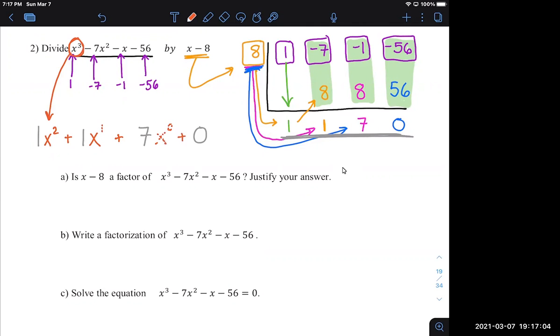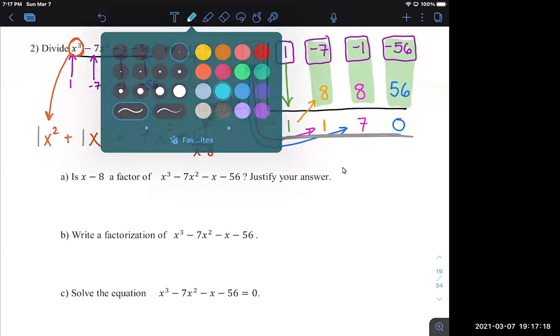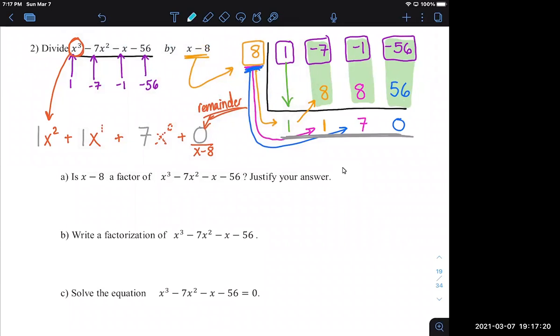And then we have our remainder, and again, we see that the remainder is 0. So normally we put this over x minus 8, but since it's 0, that means that there's nothing there and we don't need to include it. So our simplified answer is x squared plus x plus 7. So that's what we get when we divide.